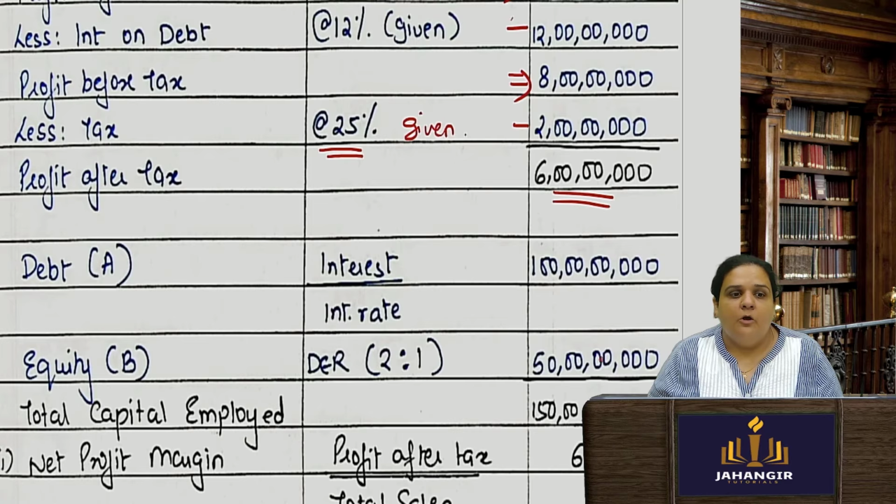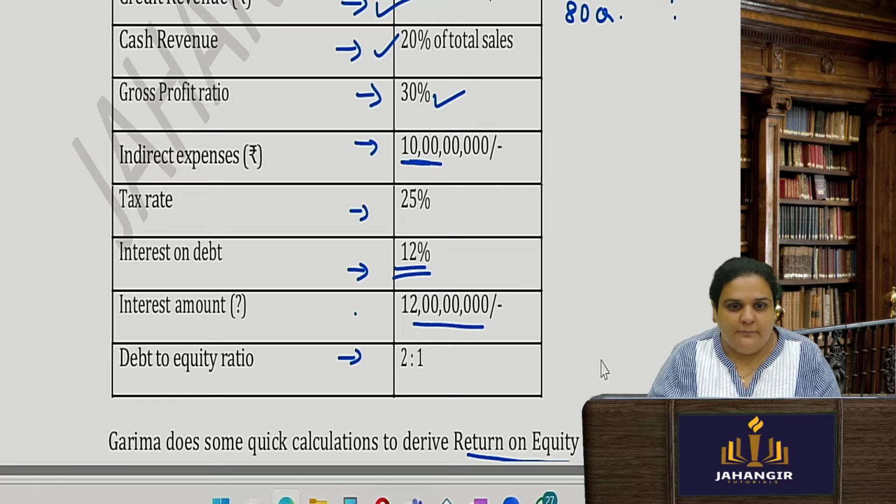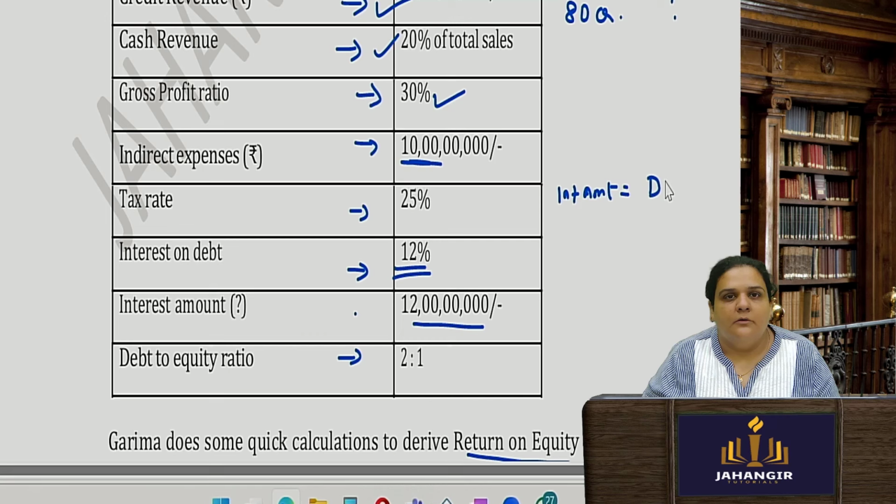Now I need to know how much is the debt and how much is the equity. That debt amount is not given. Debt equity ratio is given. Debt amount, how will I come to know? When I know the interest amount. Whenever I calculate interest, interest amount is debt into interest rate.